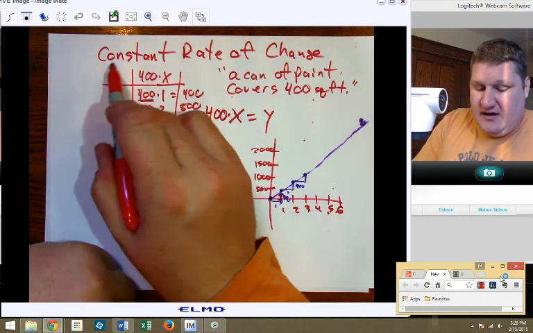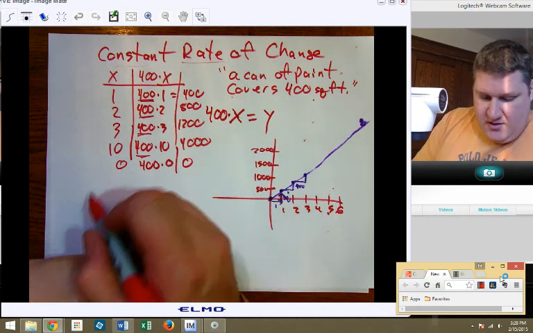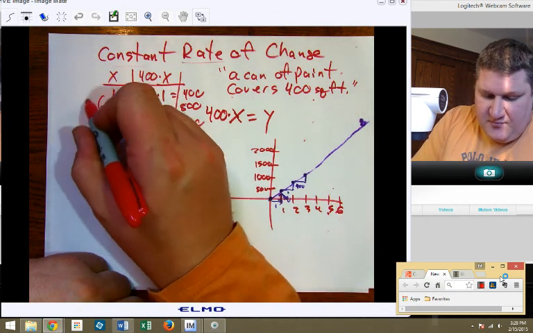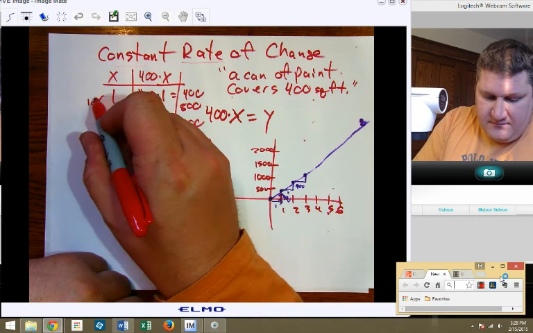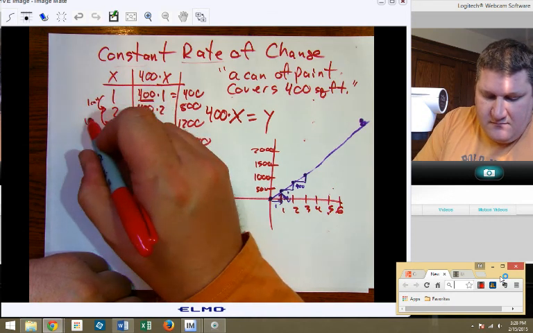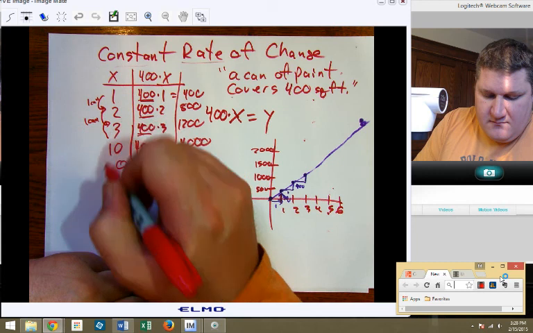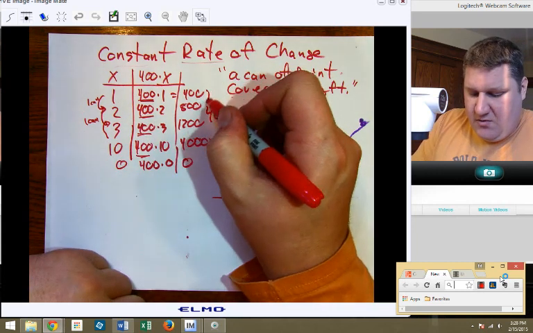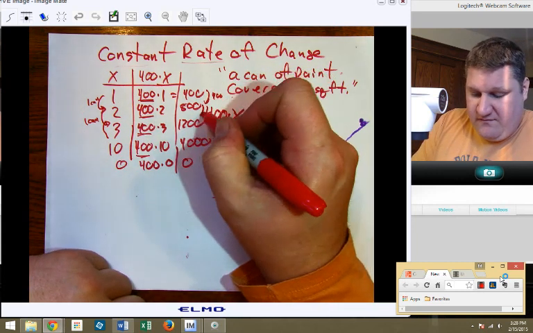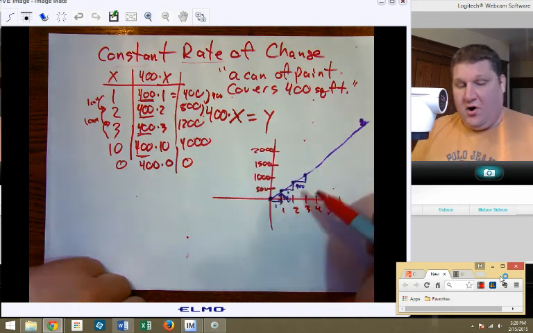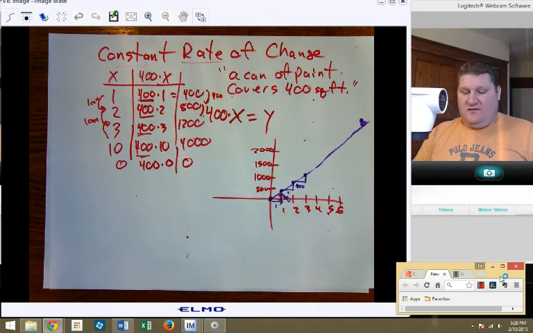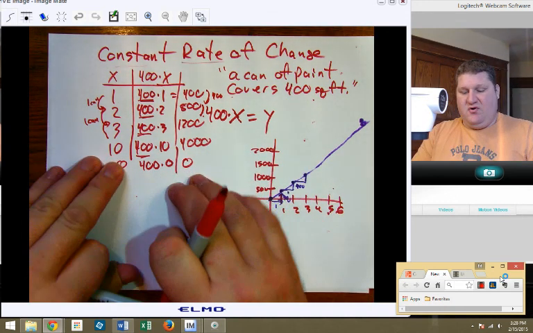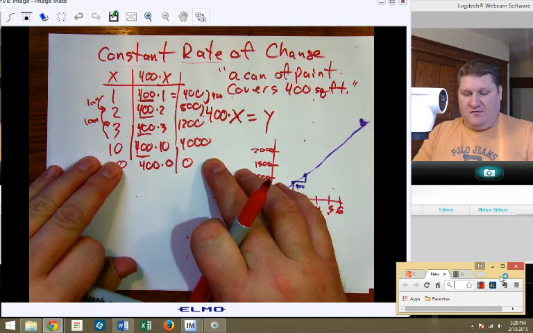This is a constant rate of change because as this goes up by 1 can, then these are going to go up by 400, 400, and on and on and on. So this constant rate of change I can put in a t-table and look at it from this perspective.